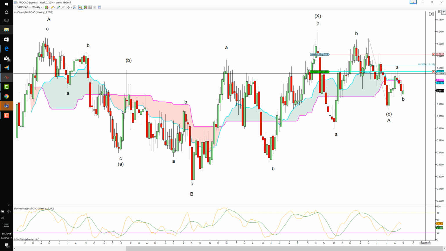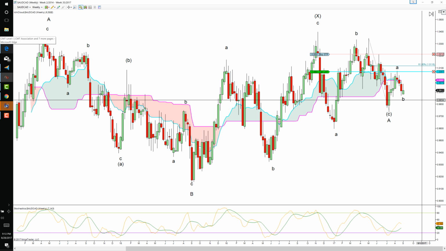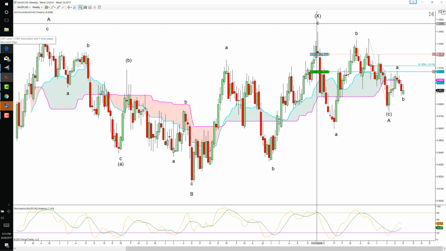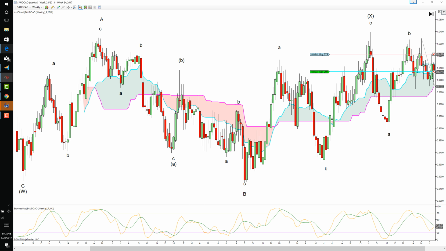But then I looked at it again and I said, okay, what else could it be? That's just one way of counting it, right? And it's possible if it's to the downside and it continues down, then that could be the correct count. Now I looked at it again and I said, okay, what else could it be? So if this is an A, so this is a W, right?